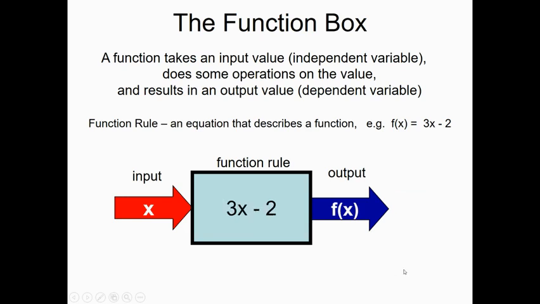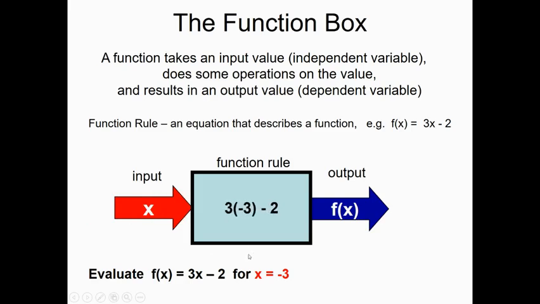Let's take a look at another one. So let's take that same function rule, but this time let's pick a different value, a negative value. So this time I'm going to let x equal -3. So -3 is going to go in and take the place of the x this time. And I'm still going to multiply it by 3 and subtract 2, but of course, I'm going to get a different output. So in goes the -3.